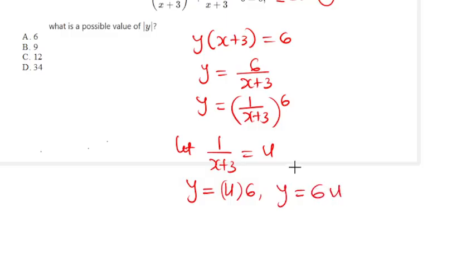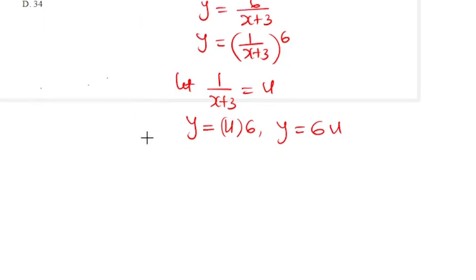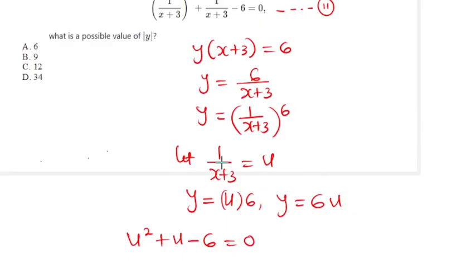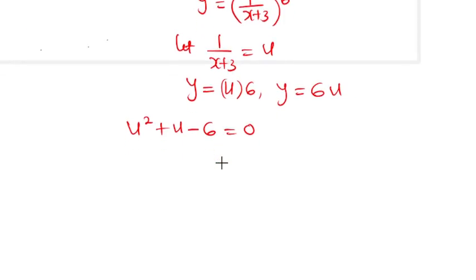Then in equation 2, when we plug in u for 1 over (x + 3), we'll have u² + u - 6 = 0.